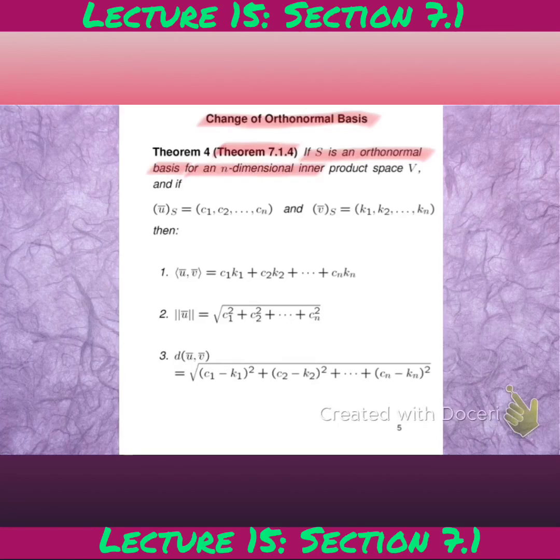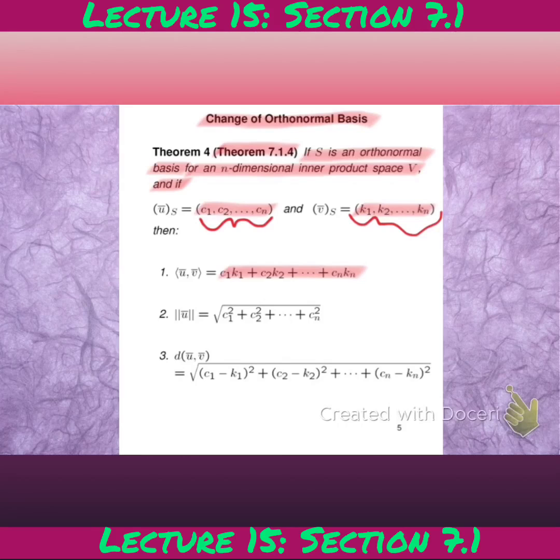Right, for an n-dimensional inner product space V, if the coordinate vector of u with respect to S is given as one vector, and the coordinate vector of v with respect to S is given as that vector, then the inner product of u and v you can easily compute as just the dot product between these two vectors.